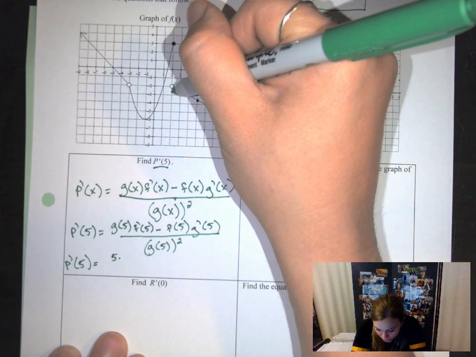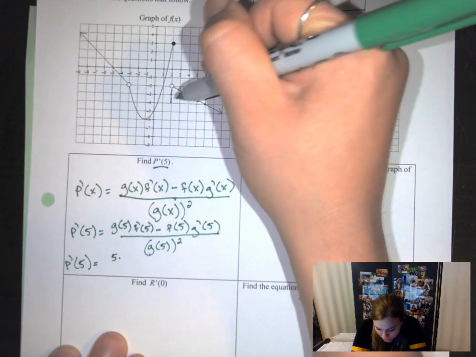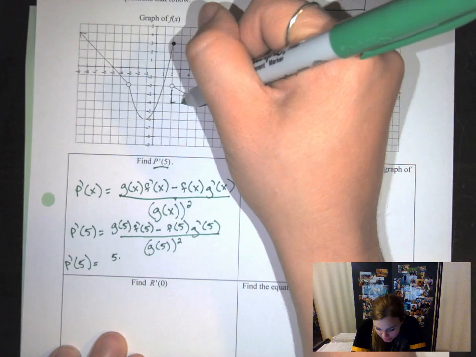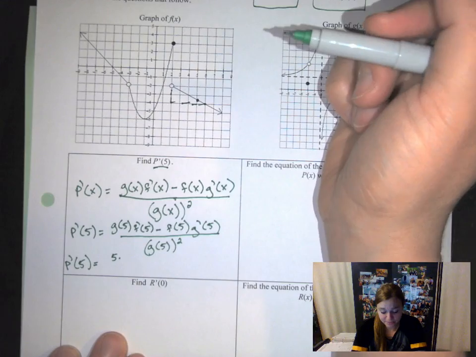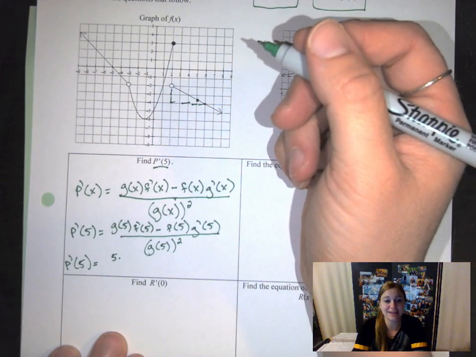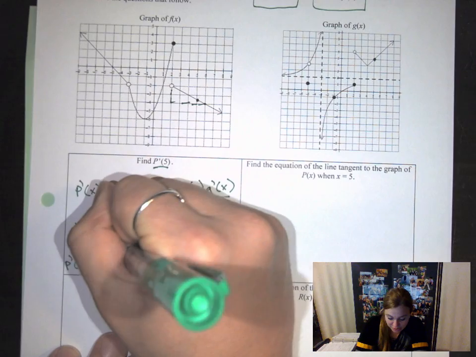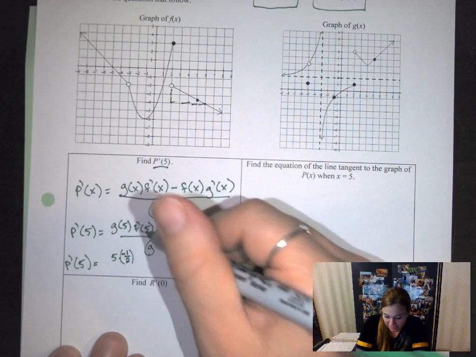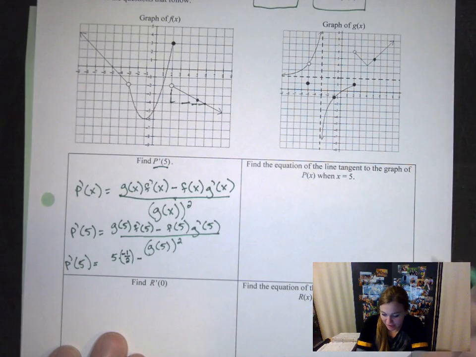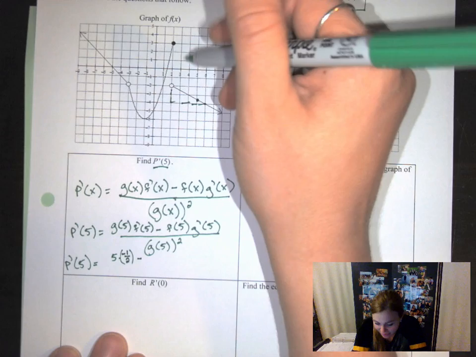I can go down 1, 2, right 1, 2, 3, 4. Down 2, right 4 is the same thing as negative 1 over 2. So negative 1/2. Then minus f of 5, f is over here, f of 5.